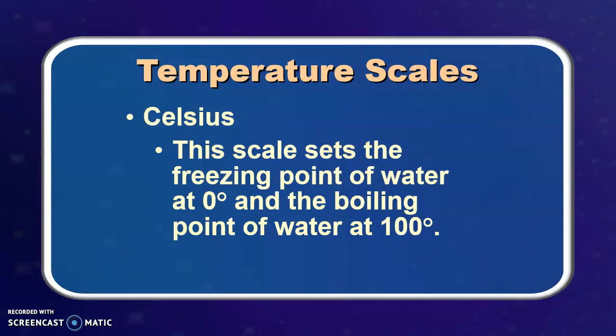Then Anders Celsius also used the freezing and boiling points of water as reference points for calibrating his own scale. His scale set the freezing point of water at 0 degrees and the boiling point of water at 100 degrees. Now both have their merits. I do agree that setting freezing at 0 makes a lot more sense, and it's easier to remember than 32 degrees.